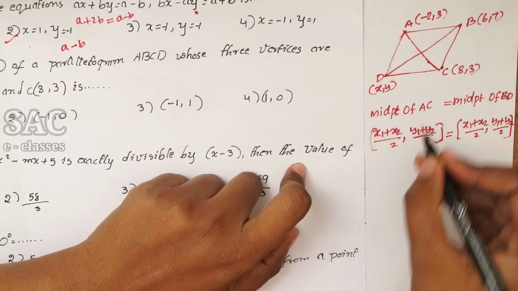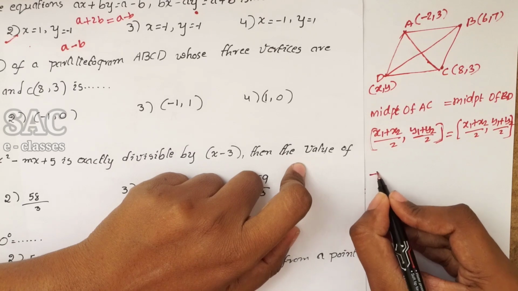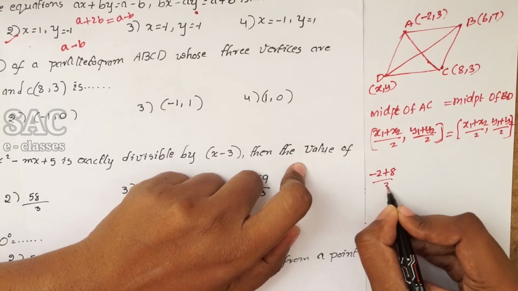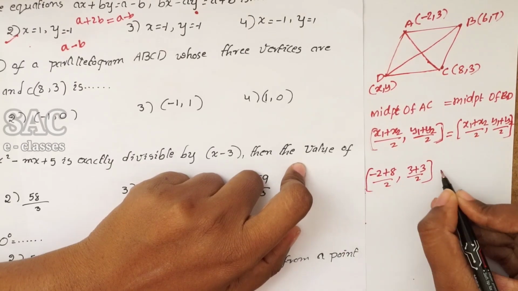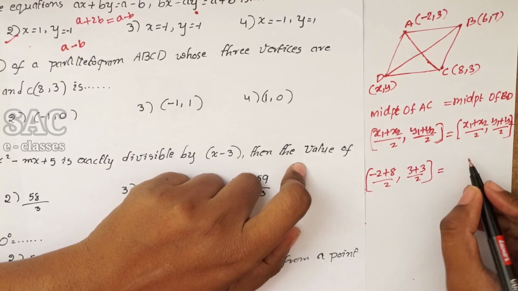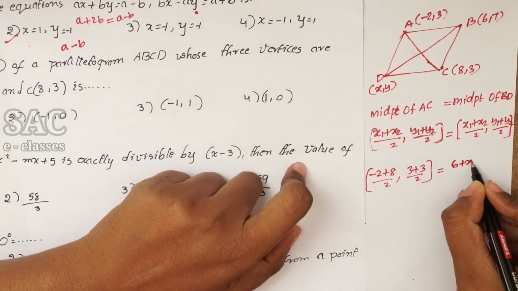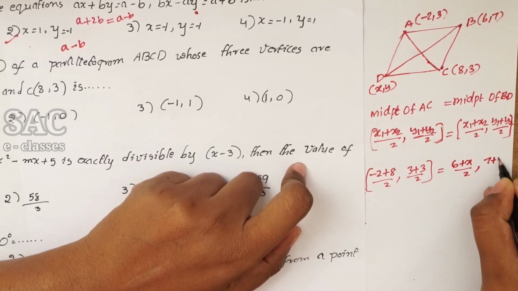For A and C, the midpoint is minus 2 plus 8 by 2 comma 3 plus 3 by 2. Next for BD, it is 6 plus x by 2 comma 7 plus y by 2.